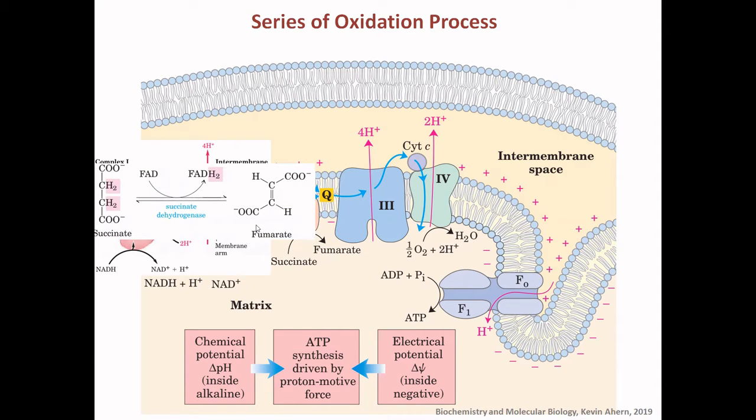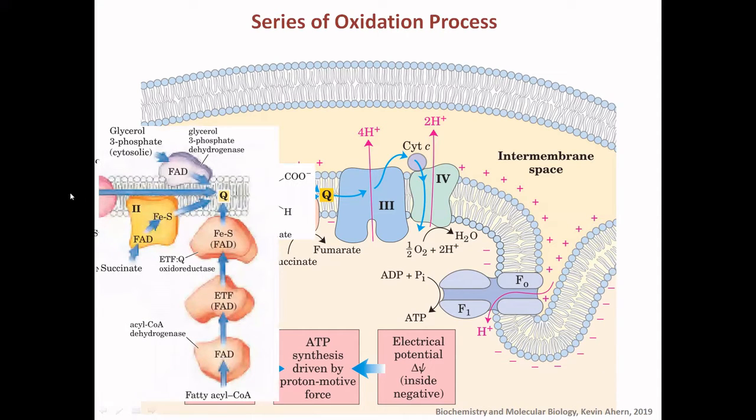Then component 2 of the ETS is the succinate dehydrogenase. So succinate will be oxidized into fumarate. During this process, it reduces FAD to FADH2.